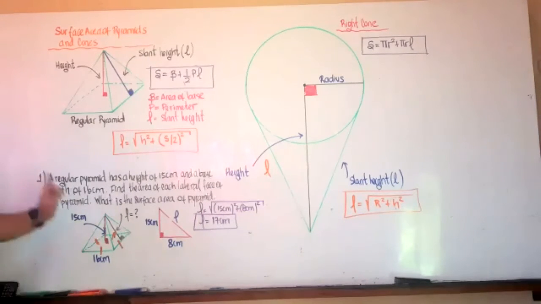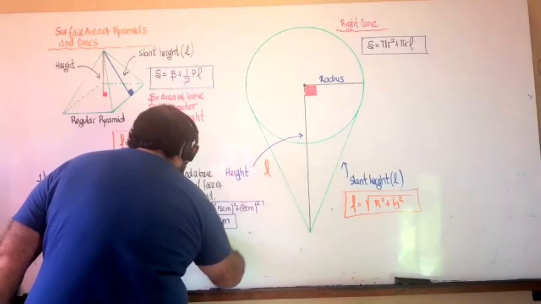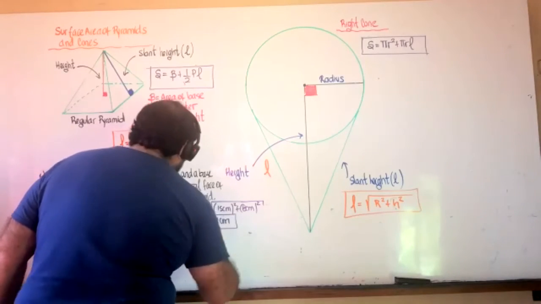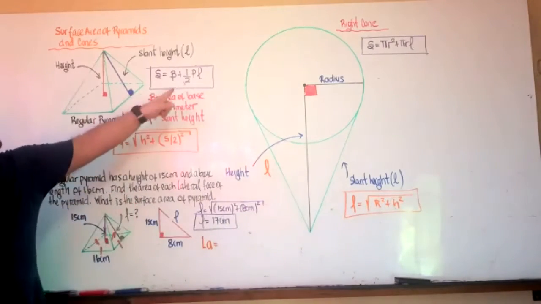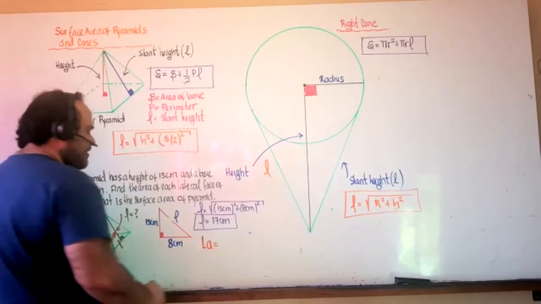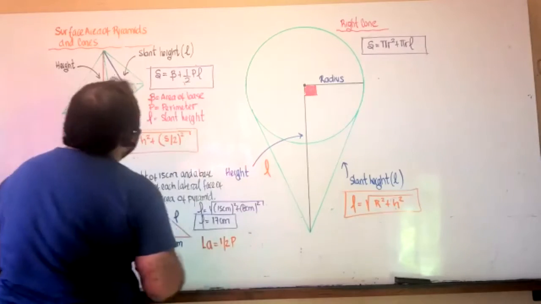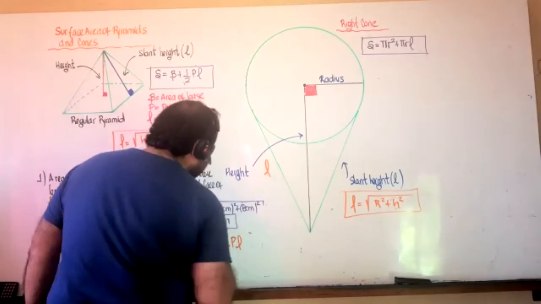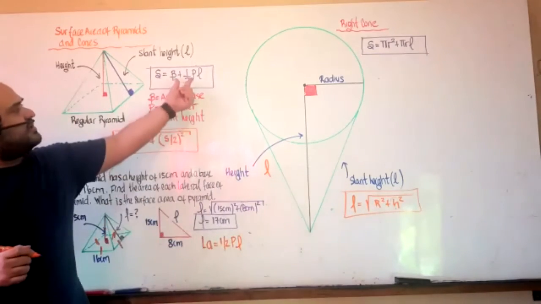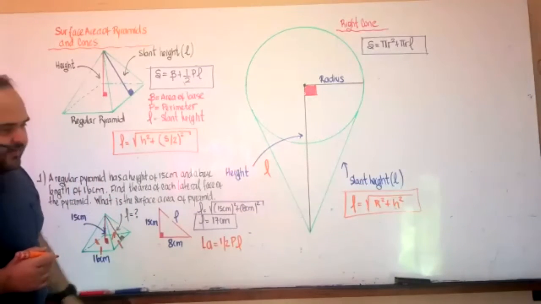First of all, find the area of each lateral face, or lateral area. The formula for the lateral area is simply the second part of this formula, I mean, 1/2 the perimeter times the slant height. Only the second part of this formula will be the lateral area.